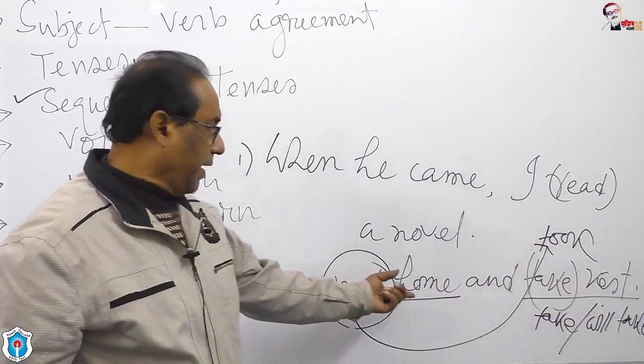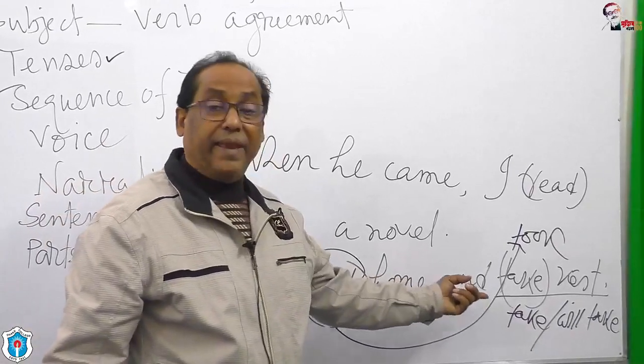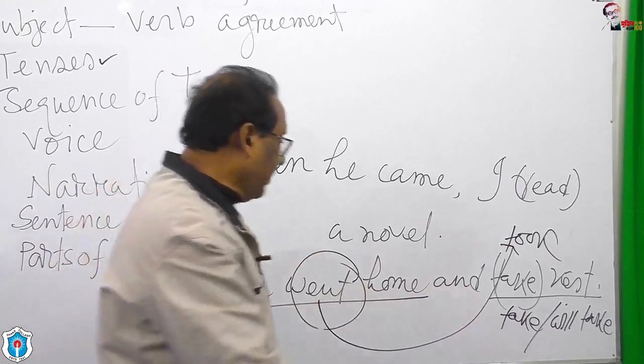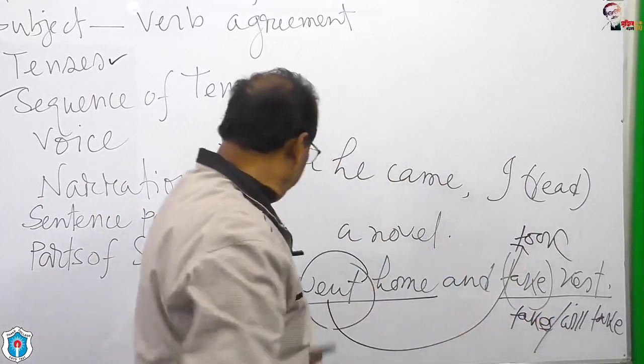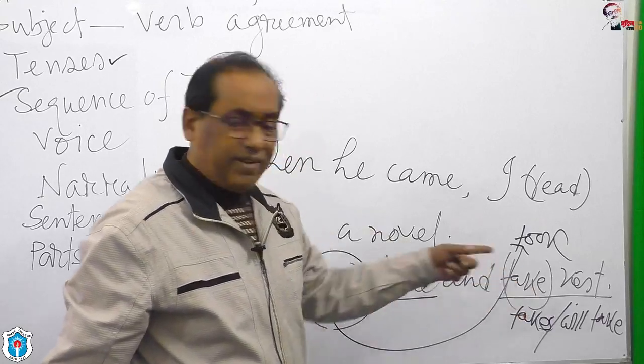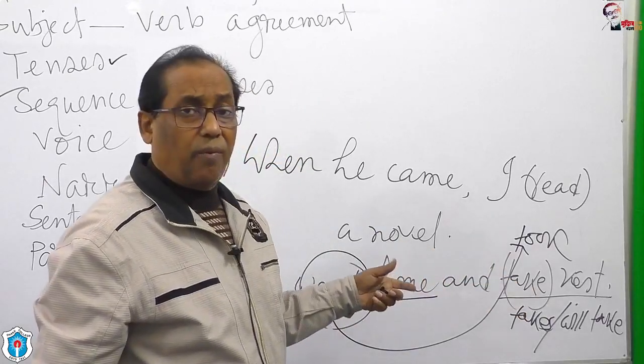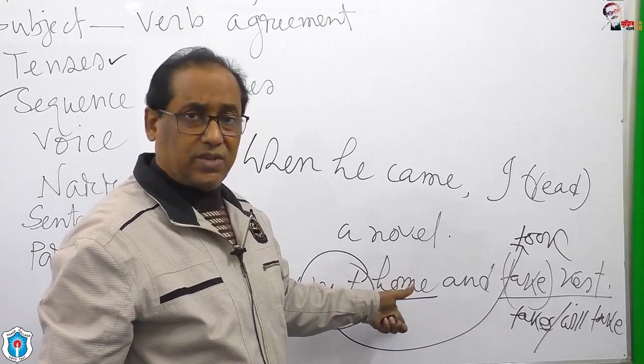He went home, সে বাড়ি গিয়েছিল এবং বিশ্রাম নেয়. Is it right? No. Or he will take rest. Is it correct? No. সে বাড়ি গিয়েছিল past tense.